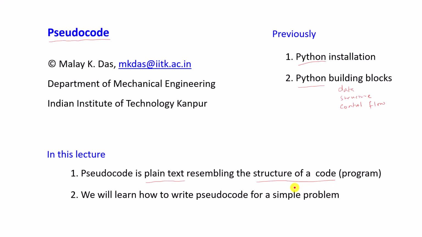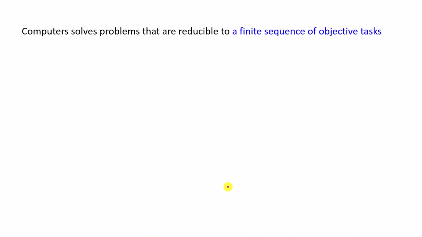In this lecture, we will take up a very simple problem that we all understand, and we will try to write a pseudocode for that. When you use computers for solving a problem, not all problems can be solved on computers. We solve problems that we can reduce to a finite sequence of objective tasks.